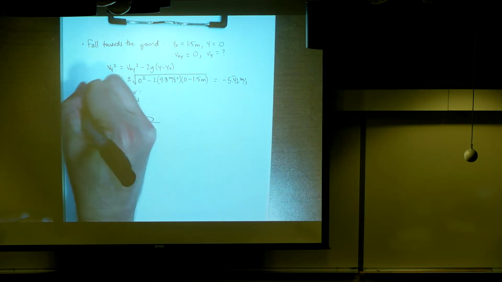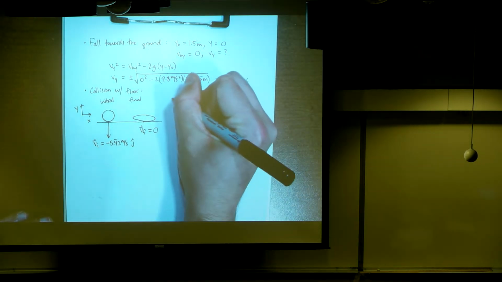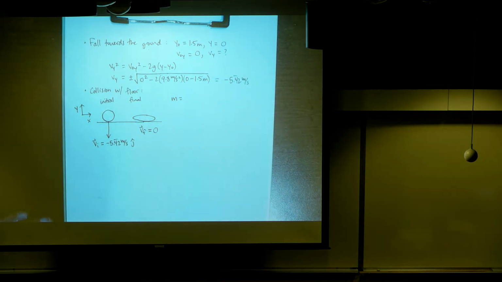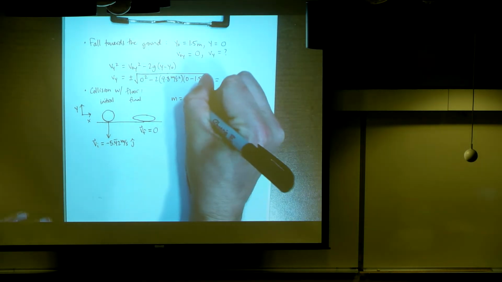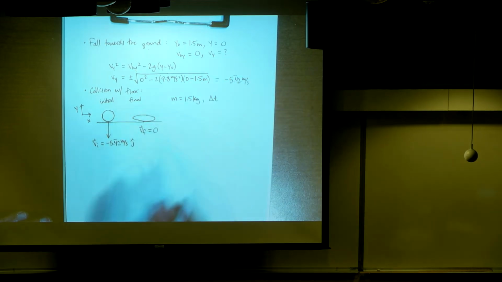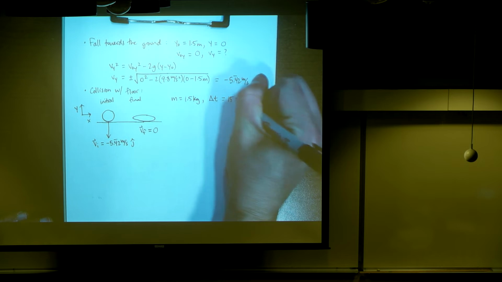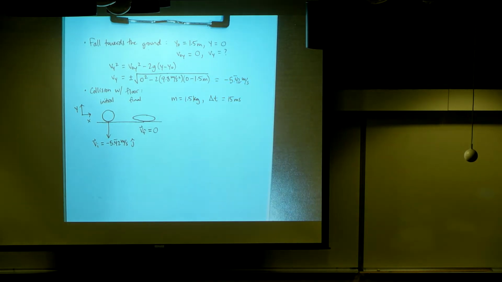X, y is going up, so that's why I said the initial velocity is in the negative y direction, but then the final velocity is 0, okay? You have that information. You also have that the mass is 1.5 kilograms, and the time interval for this collision is 15 milliseconds. So you should be able to do the rest. You should tell me what's the change in momentum and what's the average force, okay? So take a few minutes to work it out.